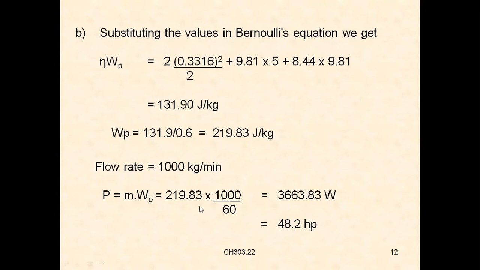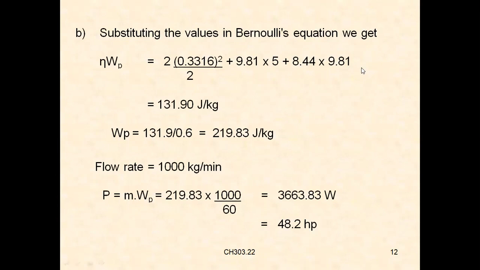So this is by applying Bernoulli's equation. As we have done the problems in the second chapter, in the same pattern you solve these problems also. There the value of HF is generally given because we don't know how to calculate the value of HF. But here, coming to the third chapter, we know how to calculate the value of HF, that is by using the Fanning equation or the Hagen-Poiseuille equation.